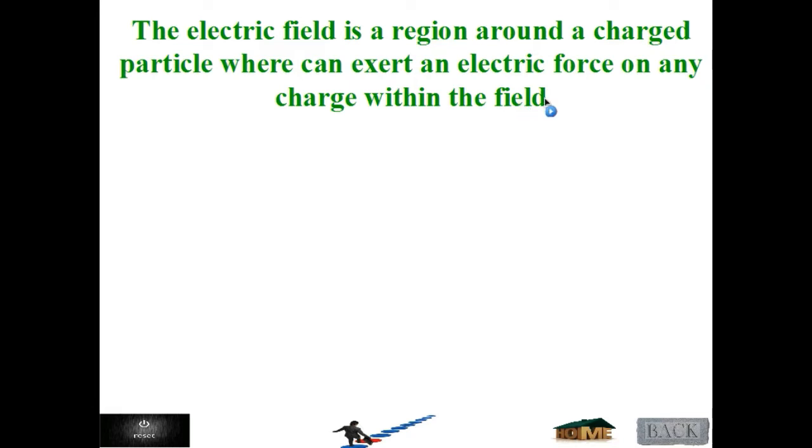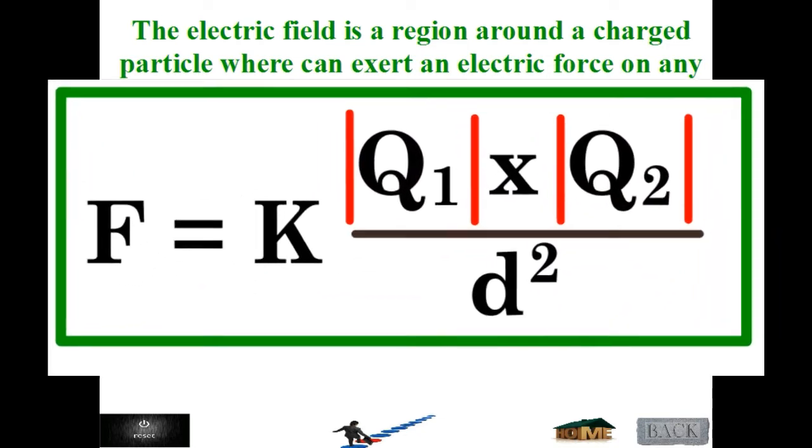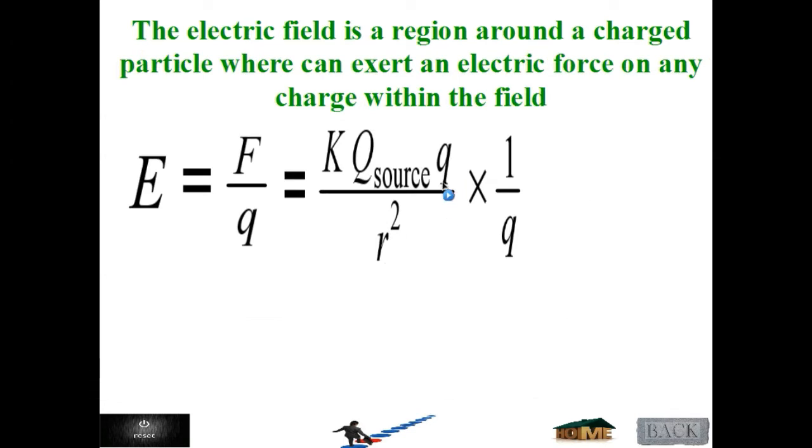As we said, E equal F over Q, electric force over Q. And as we discussed in our first video, electric force equals k Q1 Q2 over d squared. Here we wrote Q source times Q over r squared.